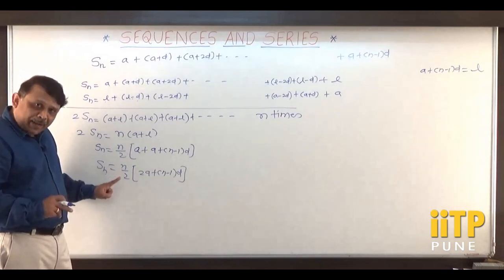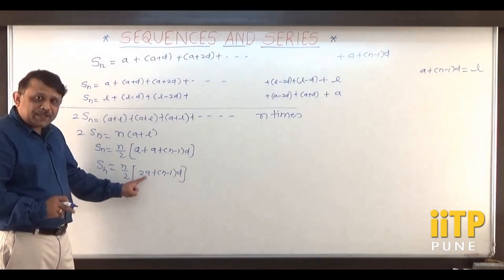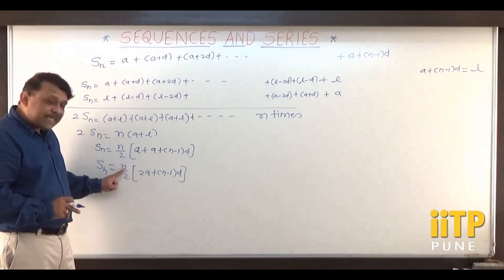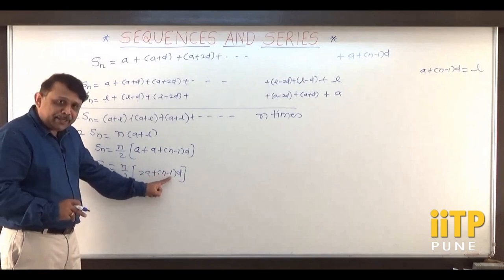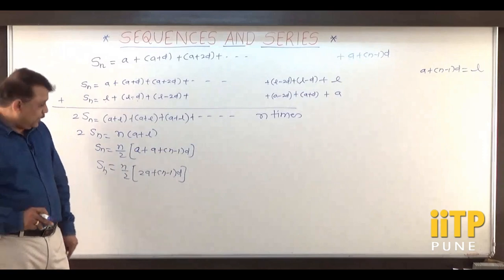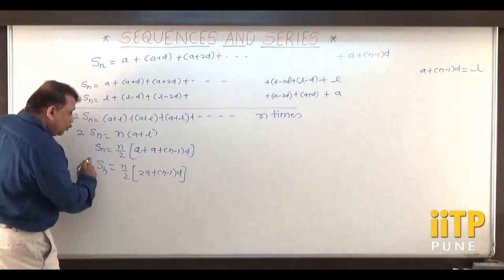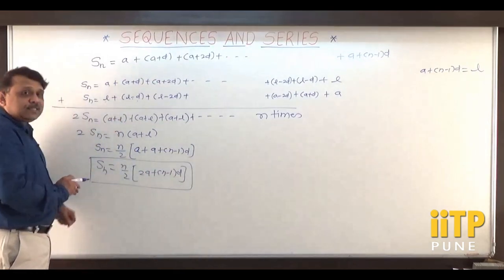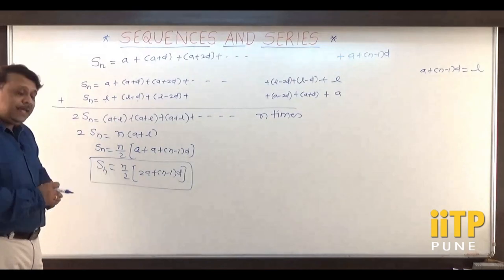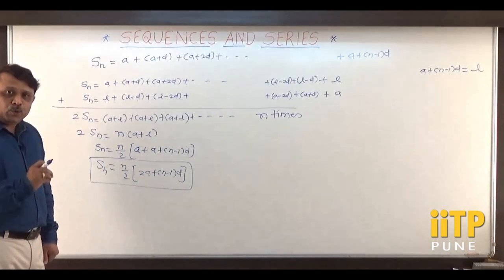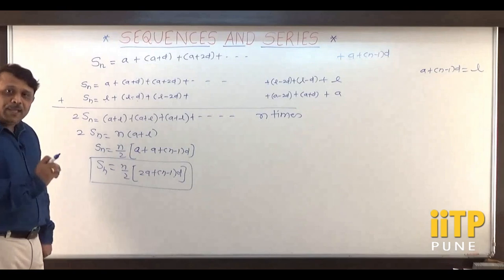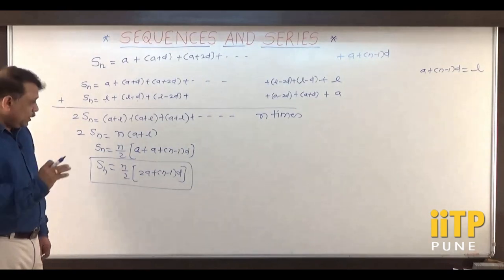N. So N by 2 into bracket 2A, 2 times the first term, plus the same number N you use here, (N minus 1) into the common difference. So the formula to calculate the sum of the first n terms of an AP is Sn equals N by 2 into bracket 2A plus (N minus 1) into D.